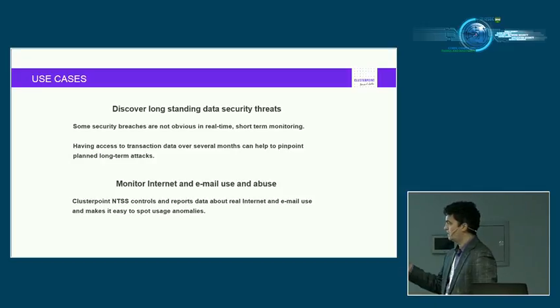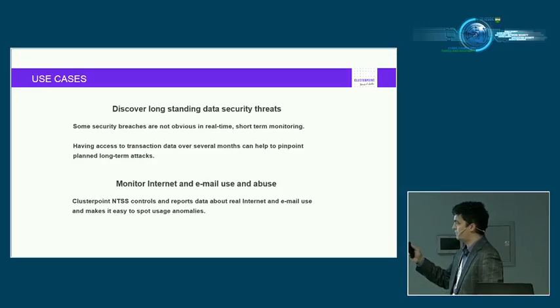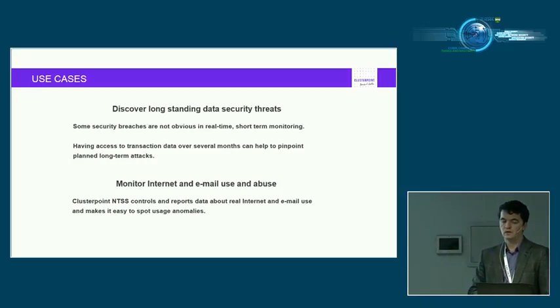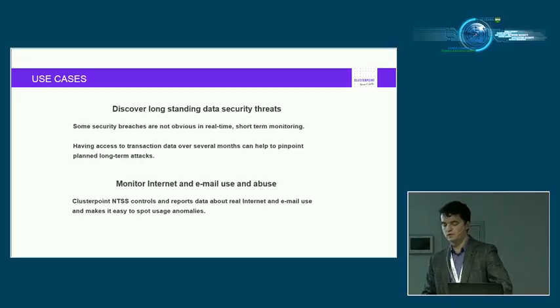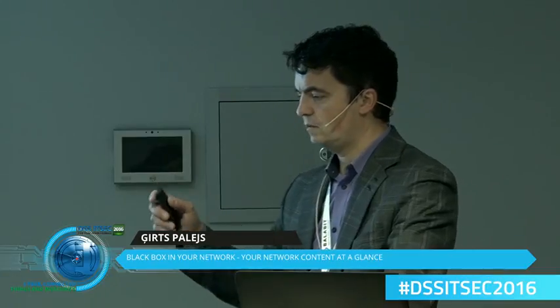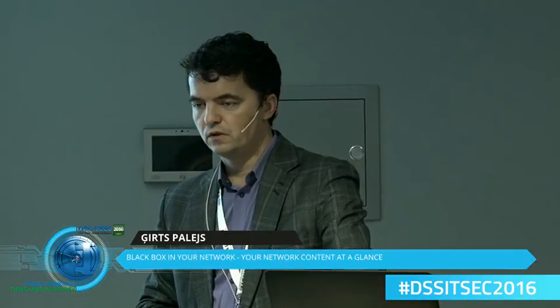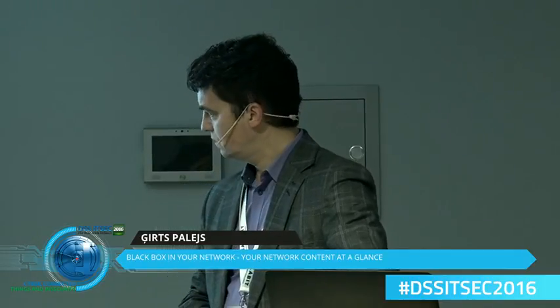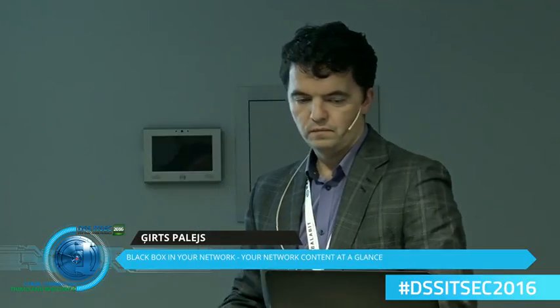The point is that such total traffic recording is a tool that can be used once you have those suspicions, to prove you wrong or prove you right, and go and do certain things about it, either talk to the users or improve your own security, your own network, etc. The same goes, of course, since the system records both the internet traffic, including email, it can be used to monitor email and internet use or abuse.